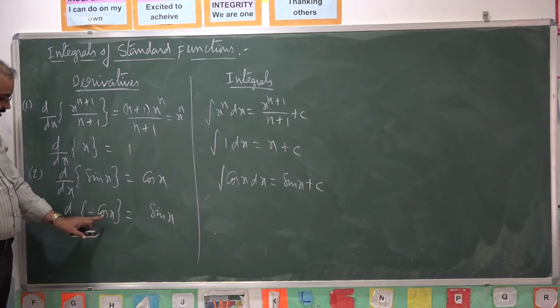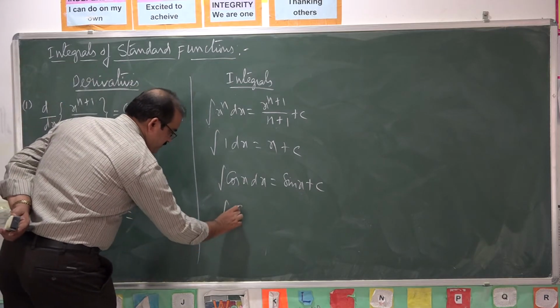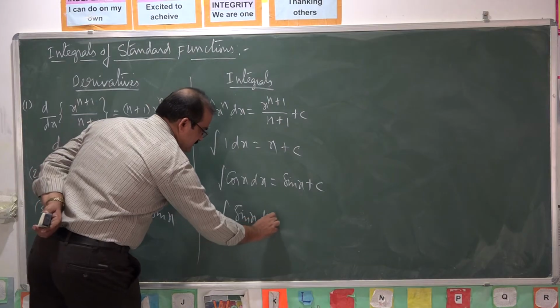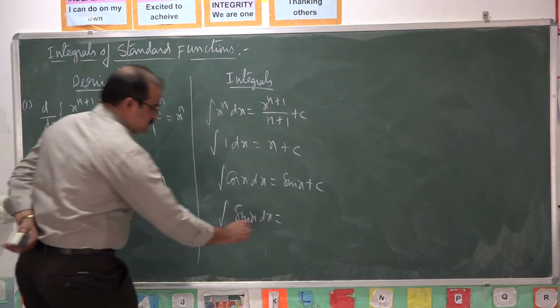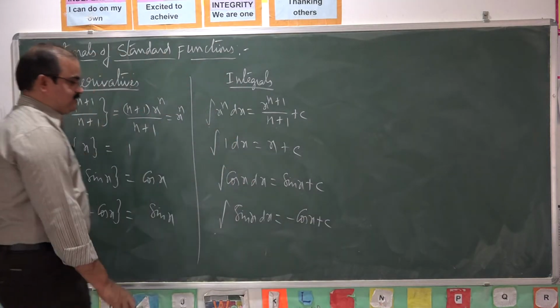So d by dx of minus cos x is sin x. Therefore, integral of sin x dx is equal to minus cos x plus c.